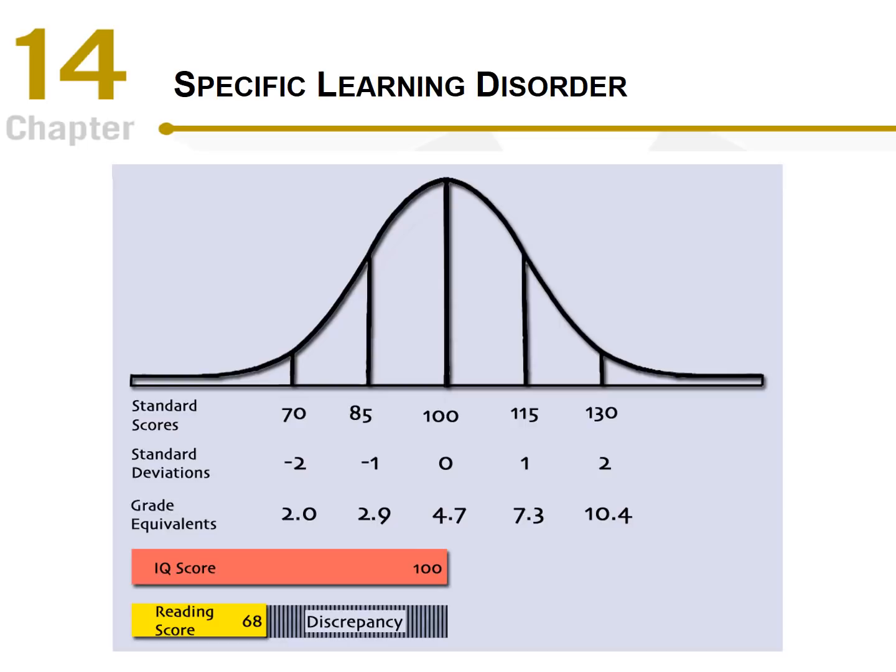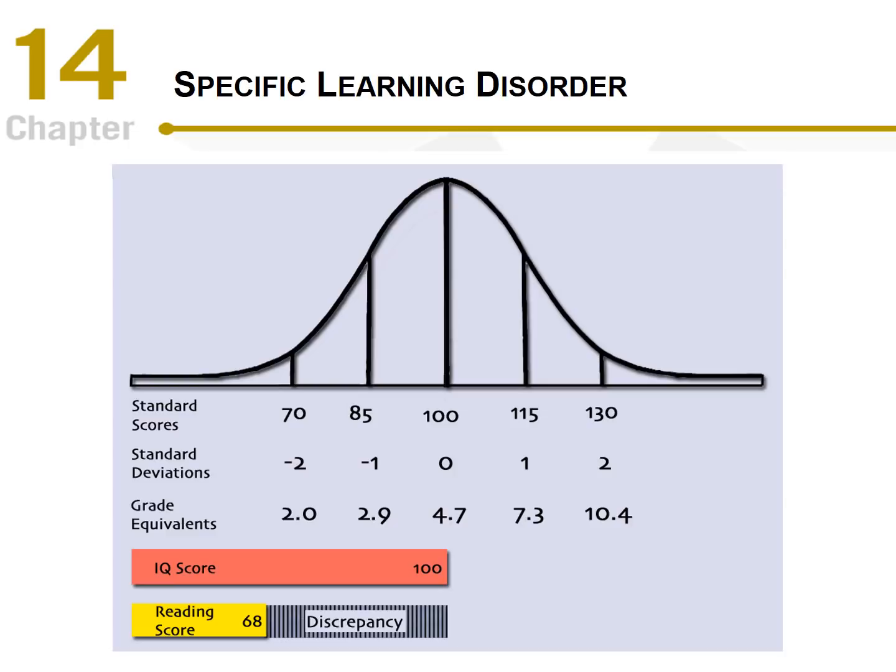So in the DSM-4, one of the things that was prominent in the language was a significant discrepancy between IQ and achievement. We've talked in the past about how an average IQ score is 100, so let's operate from that example and say this child has an IQ score of 100. But when we assess their ability in reading through an achievement test, we find that their reading score is 68.